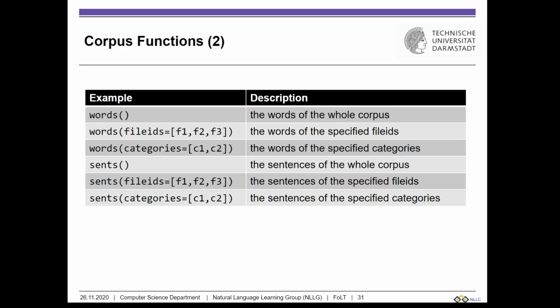And I really encourage you to do that, because only in this way, by doing it and by invoking those arguments, you can learn more and deepen your knowledge about NLTK and Python and what you can do with these corpora.